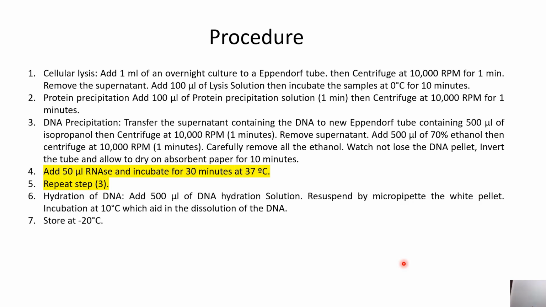Then you add 50 microliters RNase and incubate for 30 minutes at 37 degrees Celsius. You repeat that step. Then there's hydration of DNA, where you add some amount of DNA hydration solution and resuspend the white pellet by micropipette, and then incubation at 10 degrees Celsius, which will aid in the dissolution of the DNA. Then you store at minus 20 degrees Celsius.